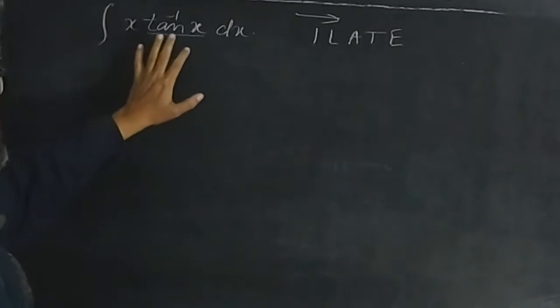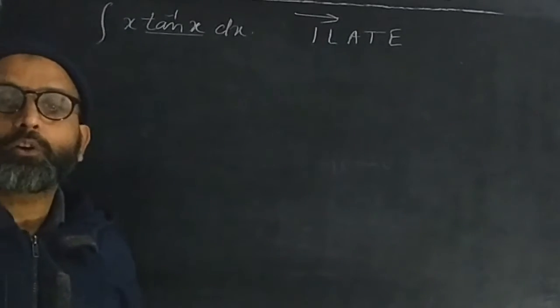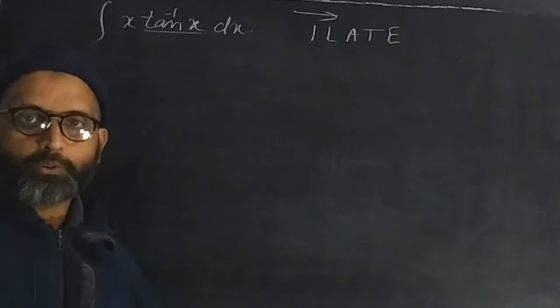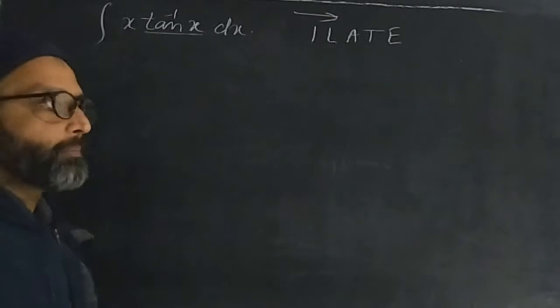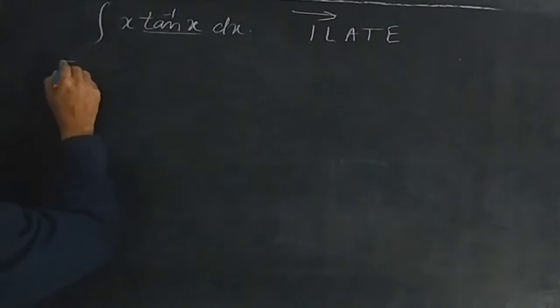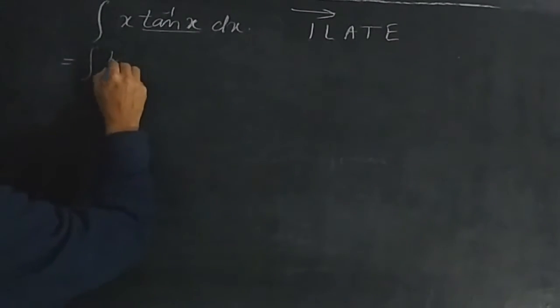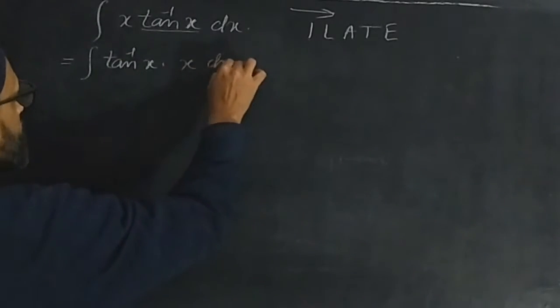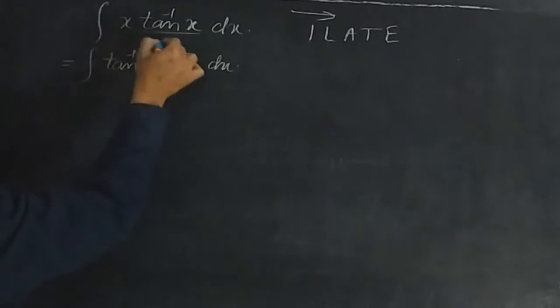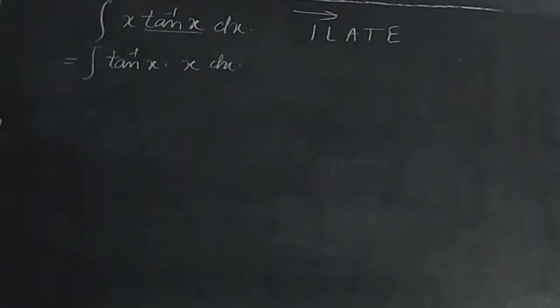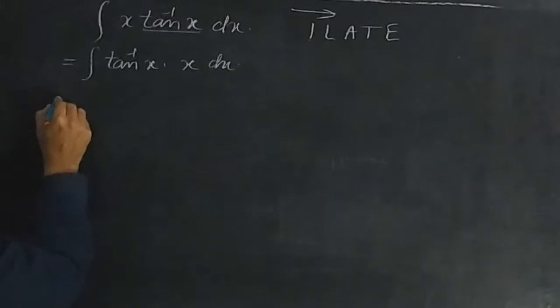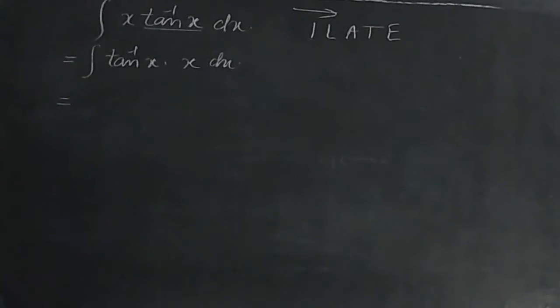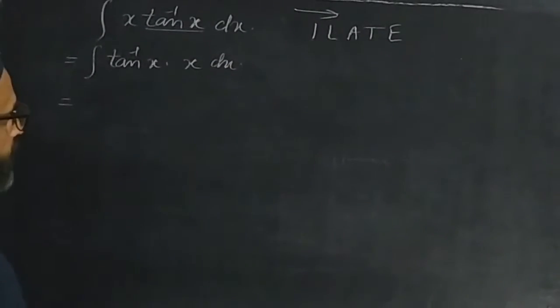So this sequence is not correct or not suitable for integration by parts. So let's change it: integral tan inverse x into x dx. So we made x the second and tan inverse x the first function. Now we may use integration by parts because these functions are written according to ILATE.